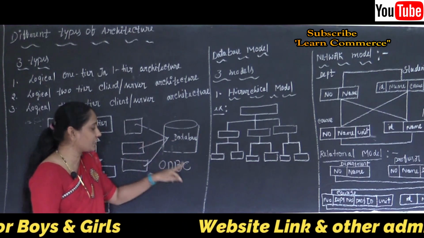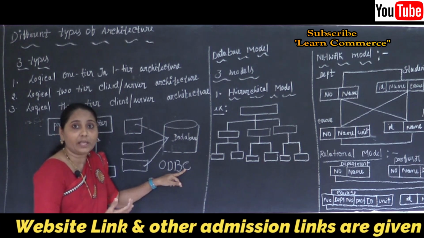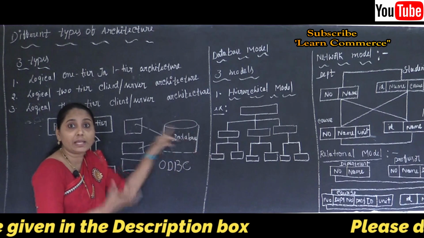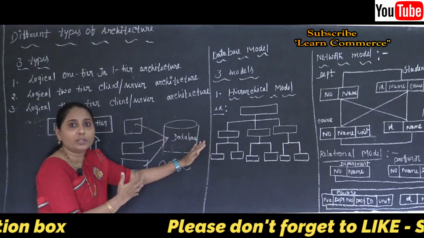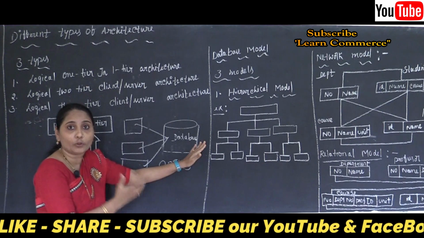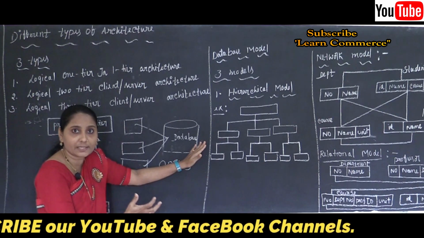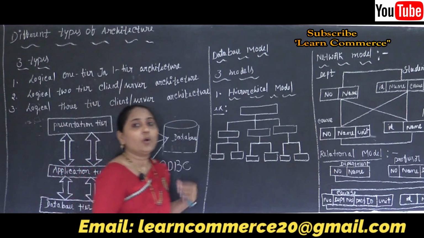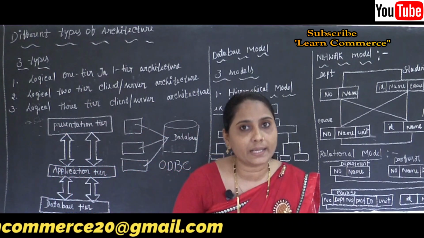Just by using such an interface we can call the database. Whatever data they want to access, such data is accessed by using the interface. The interface name is the ODBC, Open Database Connectivity.